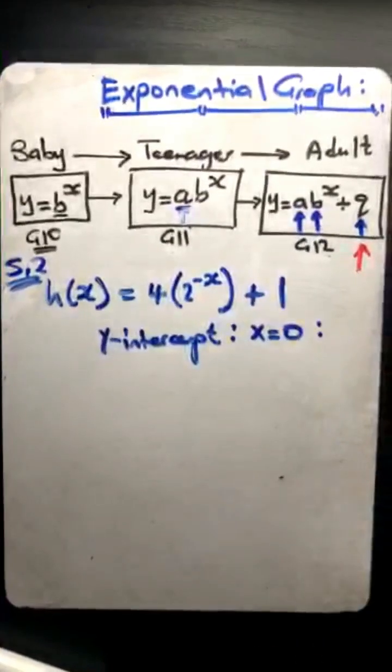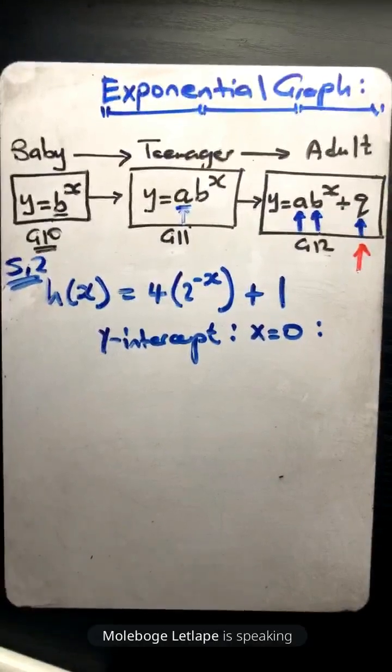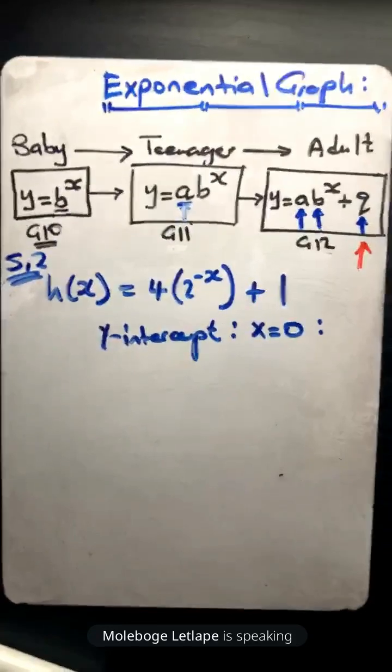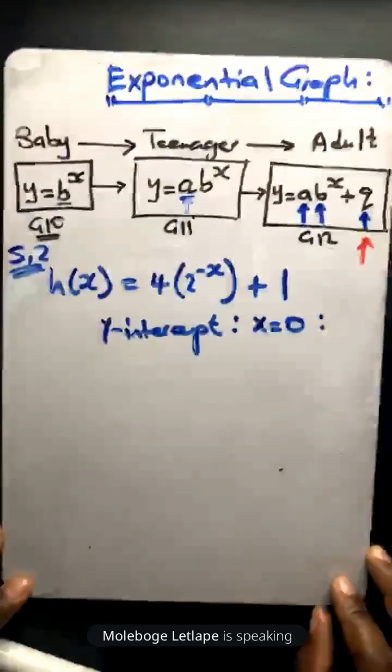Moleboge, I'm now wondering if your answer is correct. How is it the case that you already got 7 and honorable members are still calculating there? Remember, when we are calculating the y-intercept, we are only substituting into the equation that we are given. On the x value, we write 0, and then it gives us 7.